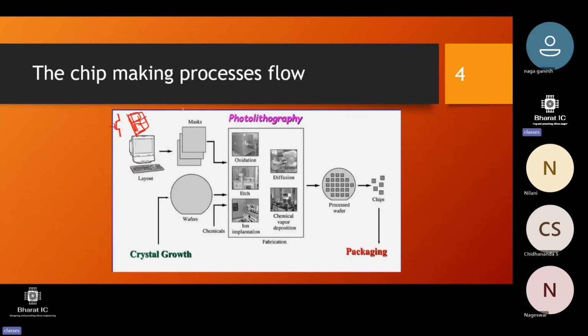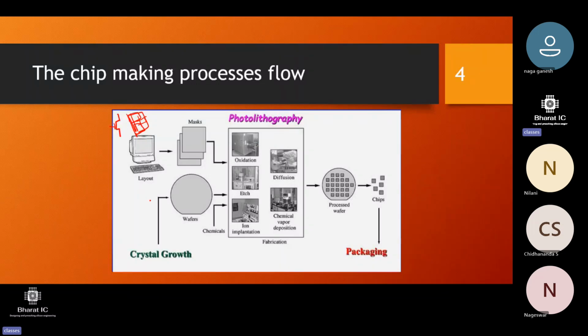Okay, so suppose you guys, like Nilani, Nageshwar, Naga Ganesh, Akila, all made one layout in the computer system. Then this layout format is sent as a mask to the fabrication plant.